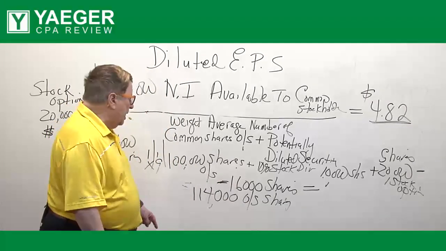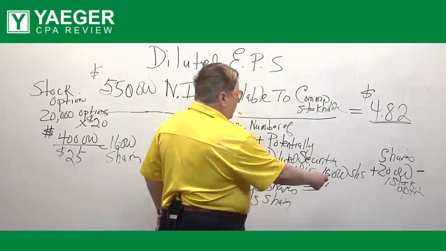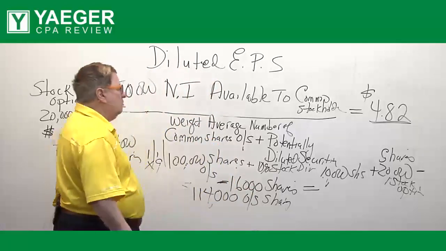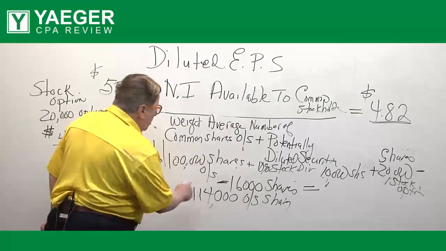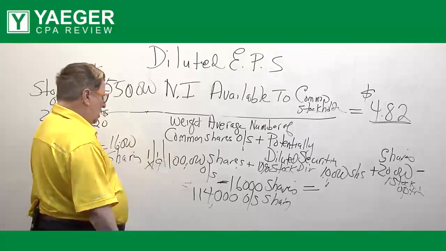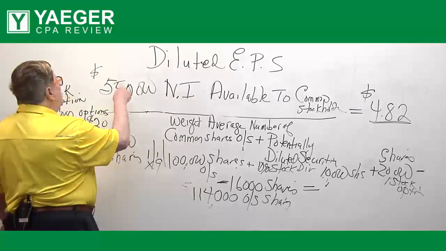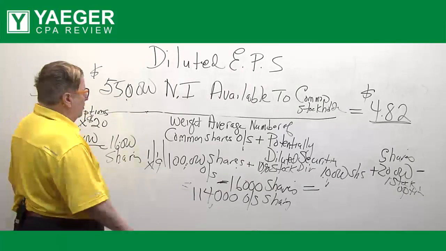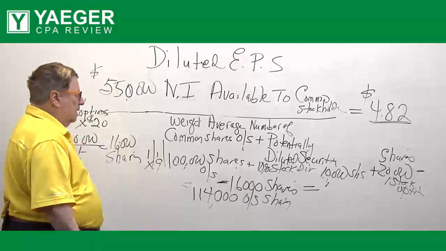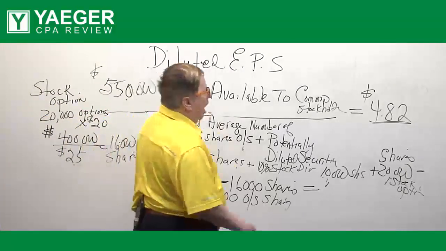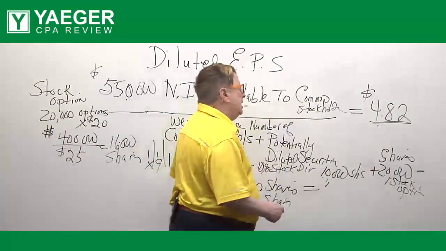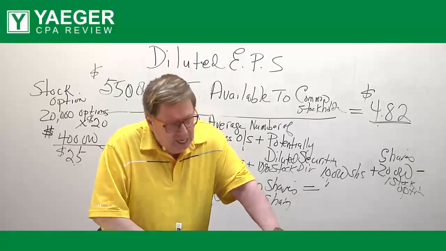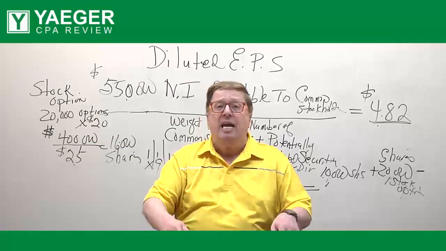So the total outstanding shares, when you add the 100 plus the 10 plus the 20 minus the shares we bought back with the proceeds from the stock option, we have 114,000 outstanding shares. Now, if we take the $550,000, the net income available to the common stockholders, and we divide by 114,000 outstanding shares, that will give us $4.82, which is the diluted earnings per share. All right, you look for your answer, and the answer is letter A as in apple.